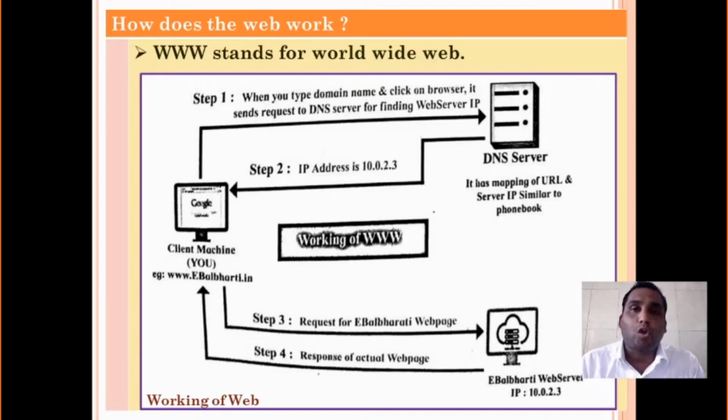This abc.com is a request which goes to a web server where the URL associated with the website I have typed is mapped, and that information is sent to the client computer.